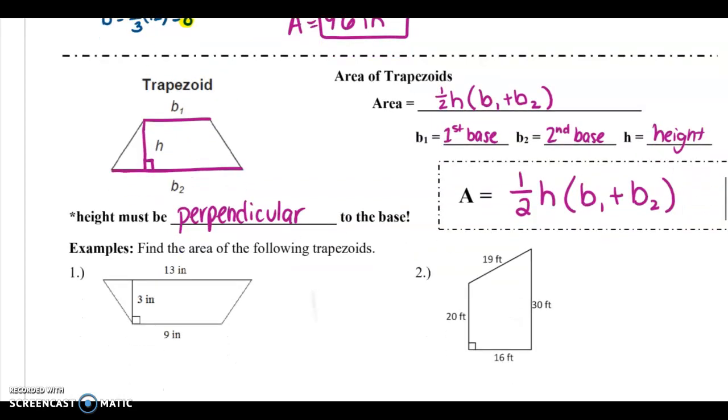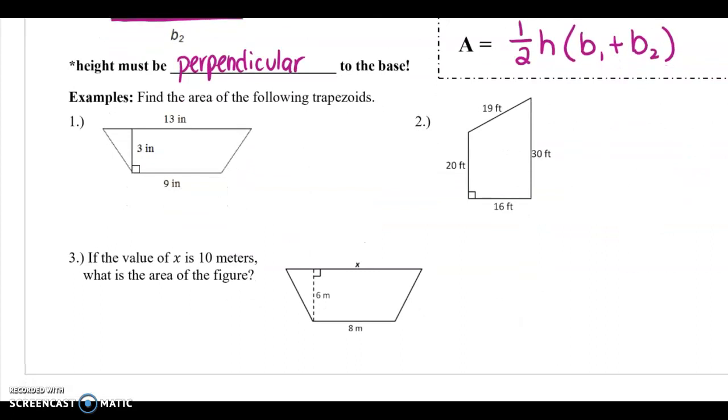All right, so looking at this example, I said base 1 is usually the smaller base, so 9 is smaller, base 2 is 13. And they're always the parallel ones with the 90 degrees, because the 90 degrees makes our height. So our area is 1/2 times the height times base 1 plus base 2. So 1/2 times 3 times 9 plus 13.